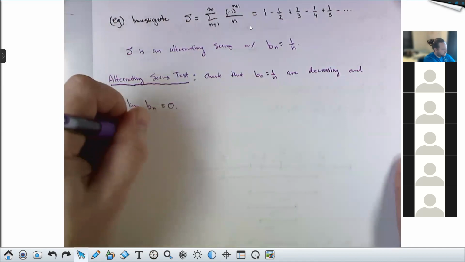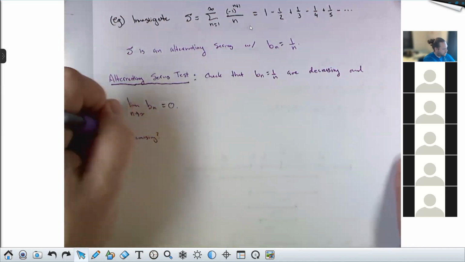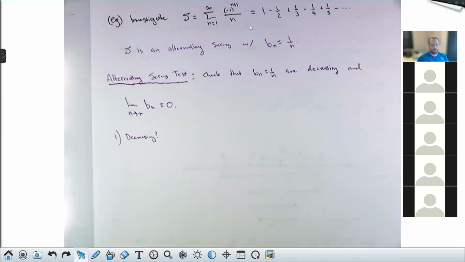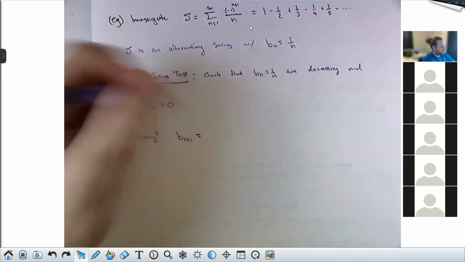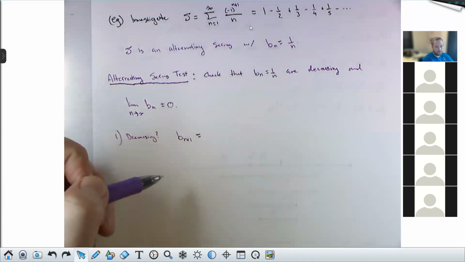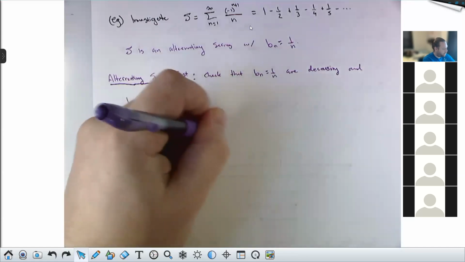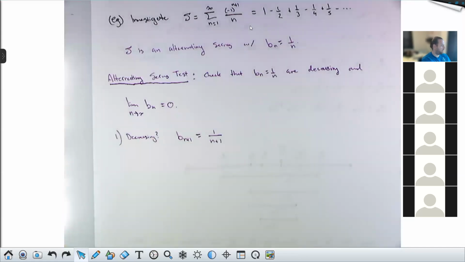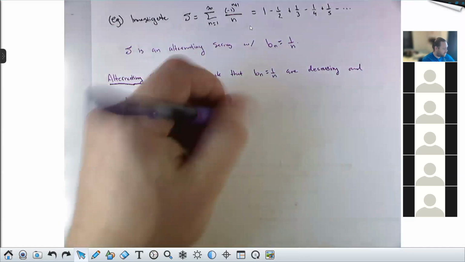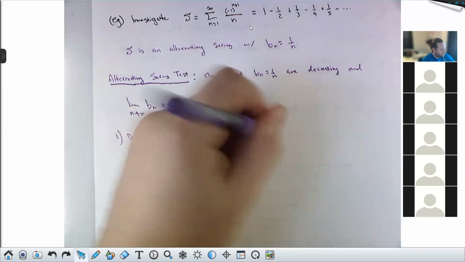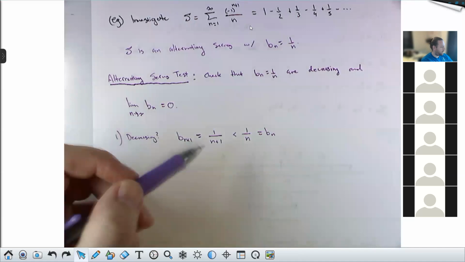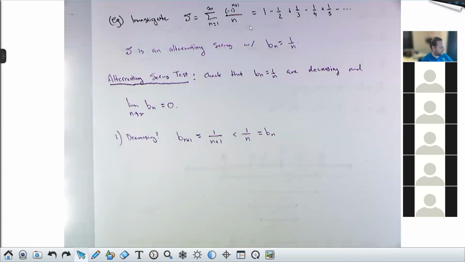Decreasing: well, this is one where we could use either of those two tools pretty easily. If I take B sub n plus 1, that's 1/(n+1). And 1/(n+1) is smaller than 1/n, which is Bn. Why? Because the denominator is larger.